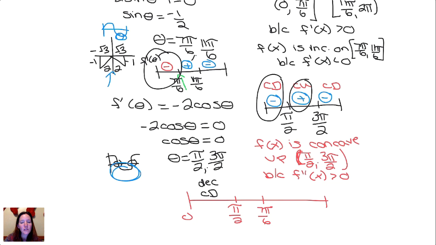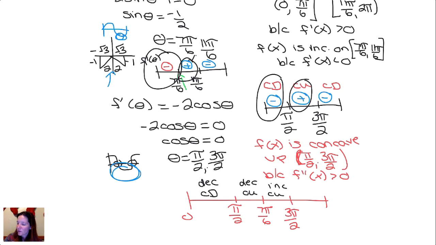So between pi over 2 and 7 pi over 6, we're decreasing concave up. Between 7 pi over 6 and 3 pi over 2, the first derivative is positive, so we're increasing. And we're still concave up because we're between pi over 2 and 3 pi over 2.